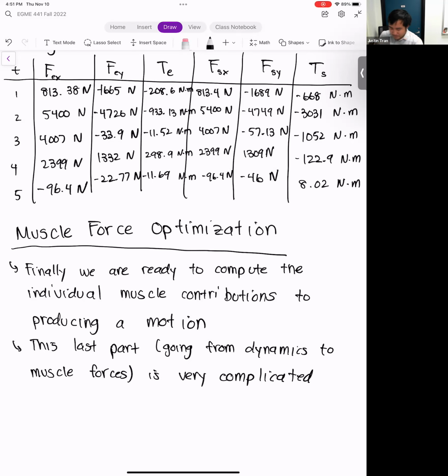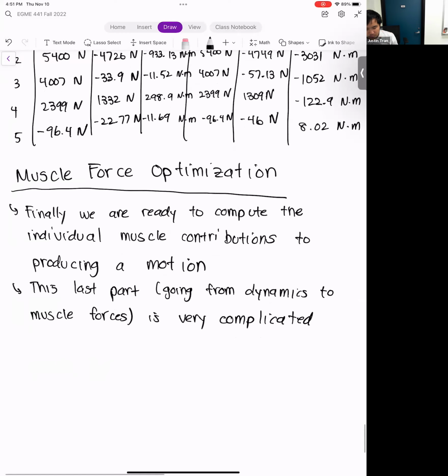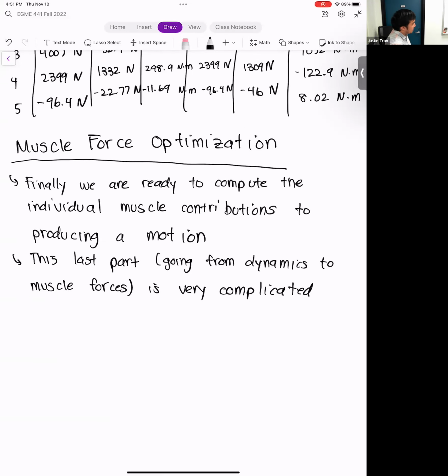It's complicated for a number of reasons. Probably the number one reason is that there's a lot of built-in redundancy in the human body.